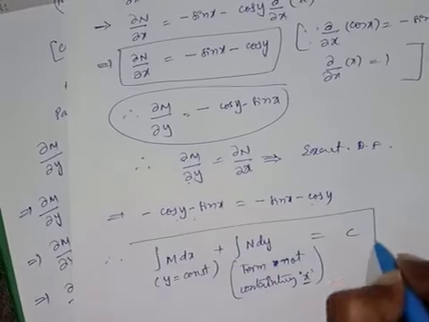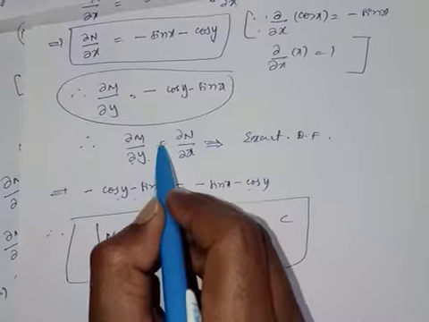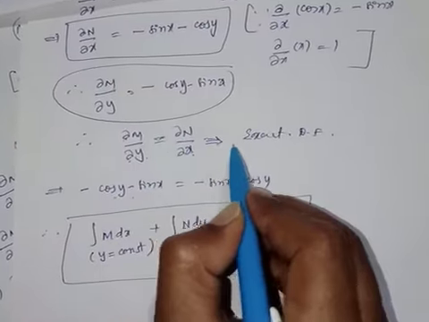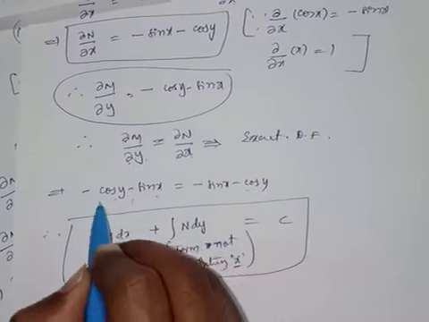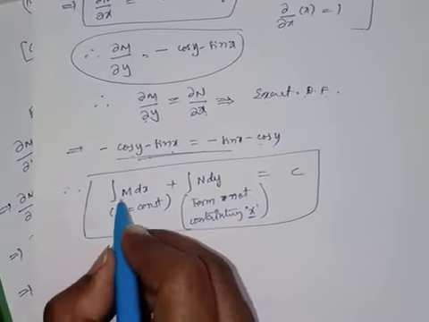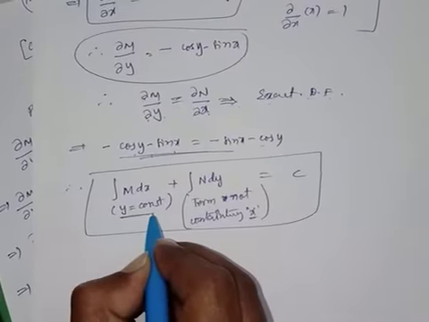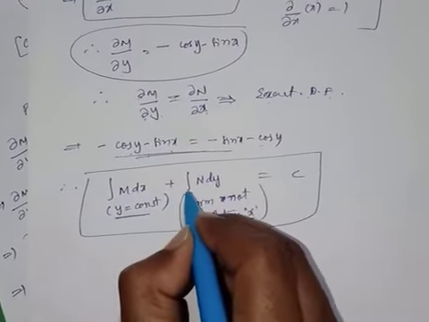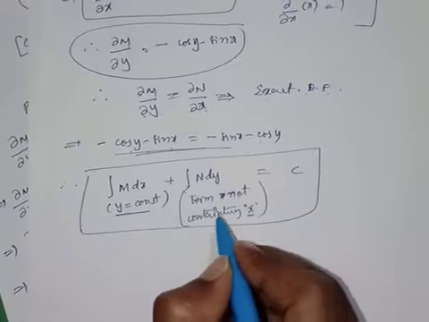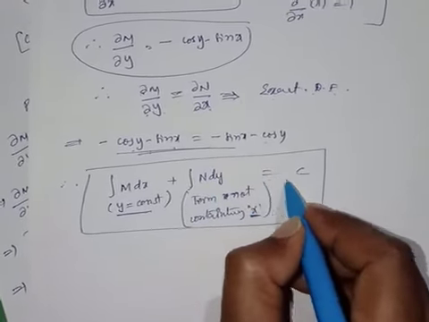See, this is the formula. Here ∂M/∂y is equal to ∂N/∂x, both are equal, so this is an exact differential equation. Now the formula is the integral of M dx, where we treat y as constant, plus the integral of N dy, the terms not containing x, is equal to c.